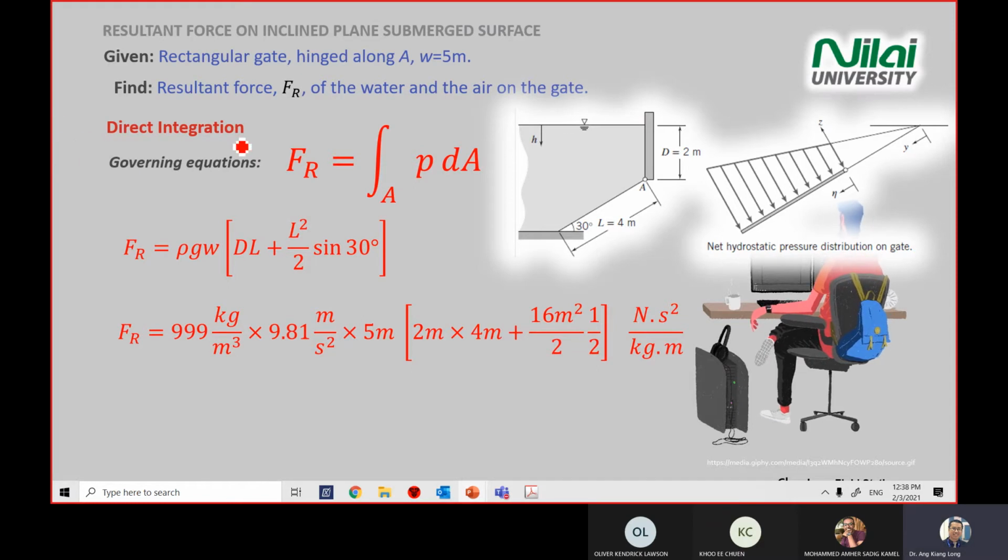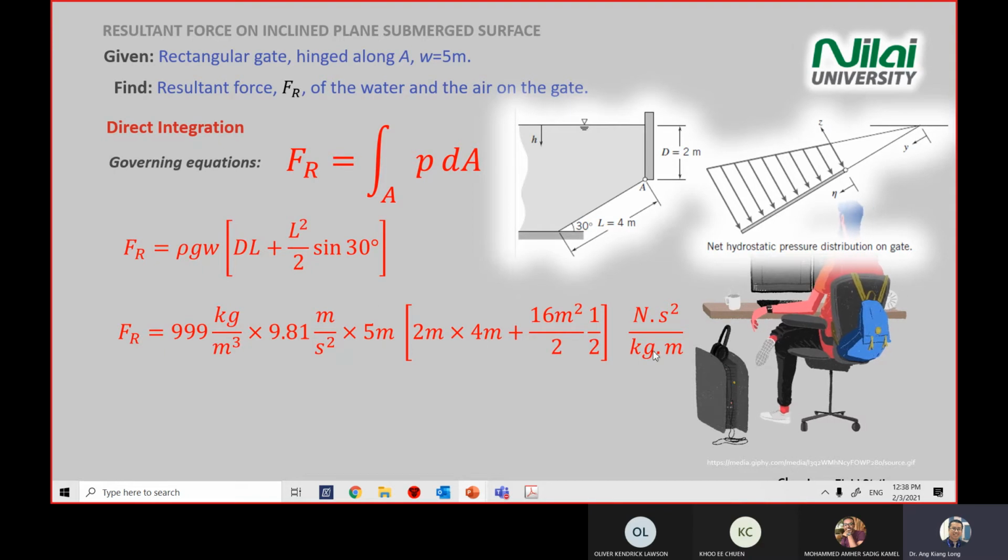Then for g, at degree level, we no longer use 10 meter over second square. We start to use 9.81. So be careful with the answer. In the exam, if you use 10, I will minus some marks, meaning there's no accuracy in your answer. We'll use 9.81 for our gravitational acceleration.